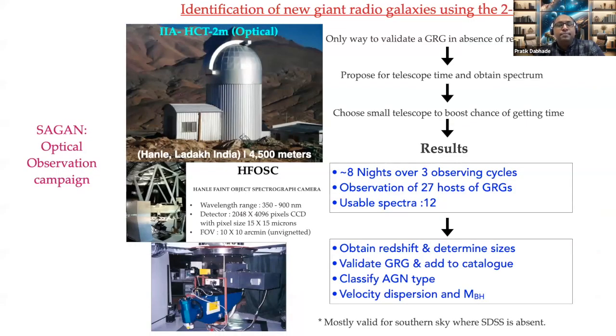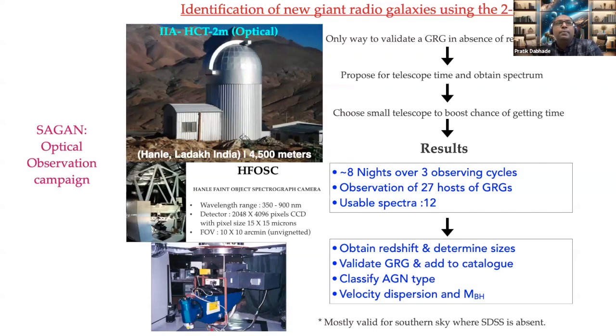This is again one of the shortcomings, but the Sloan Digital Sky Survey gives us lots of useful spectra, but there are parts of the sky, or object selection biases, which don't give you spectra of all the sources. So we have to carry out our own observations, and no big telescope is going to give you time to just measure the redshift.